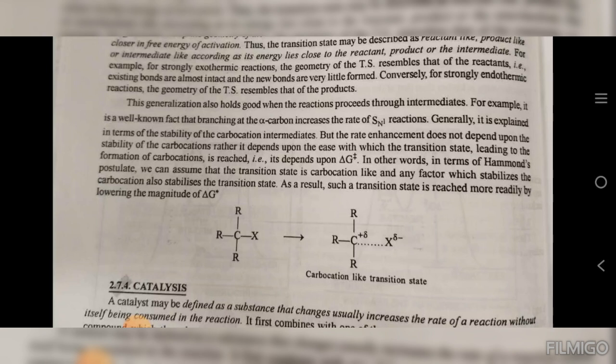In terms of Hammond's postulate, we can assume that the transition state is carbocation-like, and any factor which stabilizes the carbocation also stabilizes the transition state. As a result, such a transition state is reached more readily by lowering the magnitude of delta G.